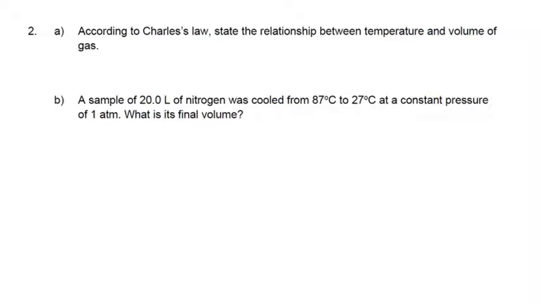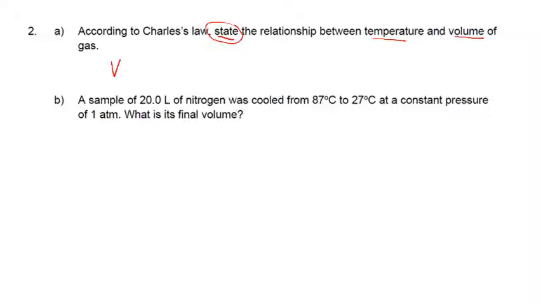Question number 2. According to Charles' law, state the relationship. This time the question mentions, state the relationship between temperature and volume of the gas, which is a bit different from question 1a. Question 1a asks us to use the graph, so we have to sketch the graph. However, for question number 2a, we have no need to sketch the graph, so we can directly state the relationship between the temperature and the volume of gas.